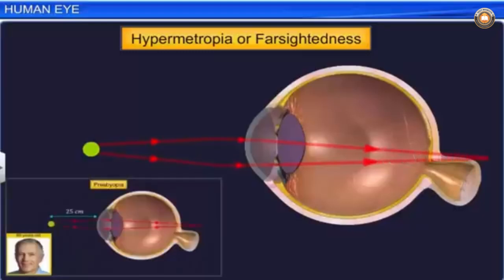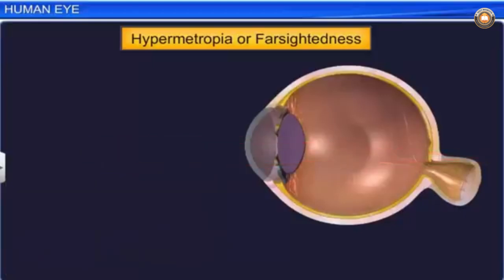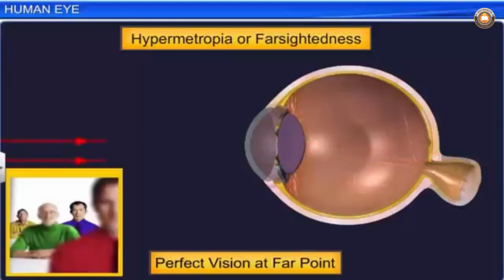But the objects that are close to the eye are focused behind the retina, and as a result, vision is blurred. The defect caused by hypermetropia can be rectified by using a convex lens of appropriate focal length.